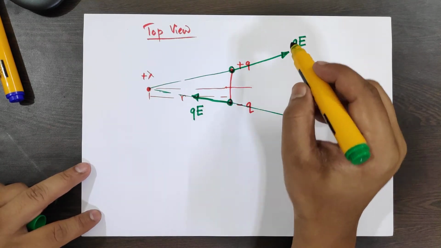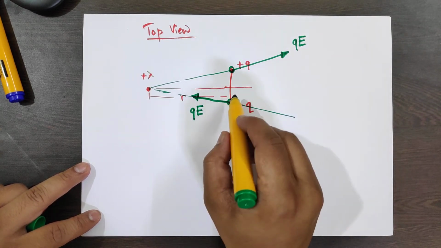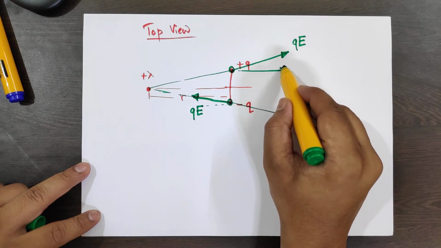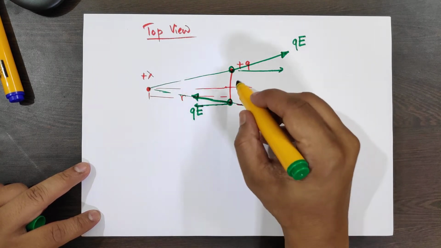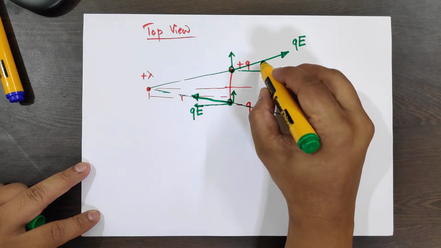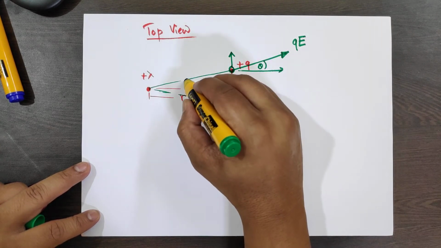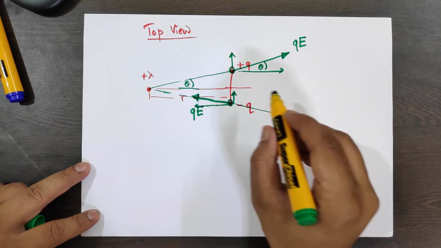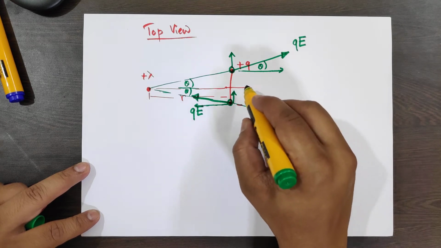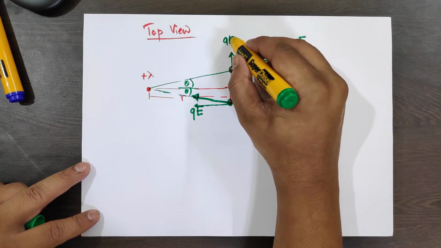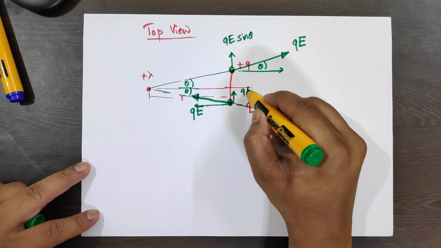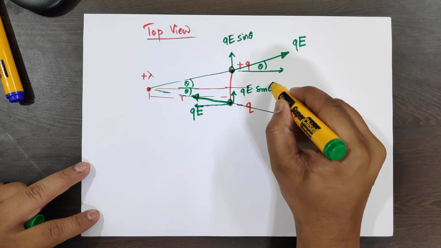Now if you resolve these forces, then this component and this component will obviously cancel. These two will add up. So this is theta, this is also theta. So this is actually QE times sine theta, and this is also QE times sine of theta.